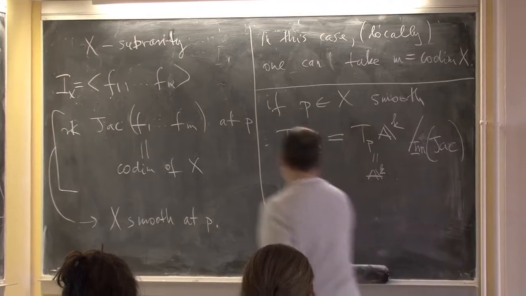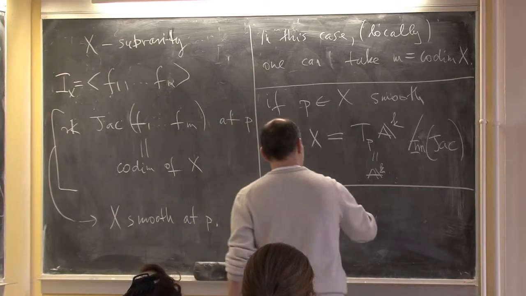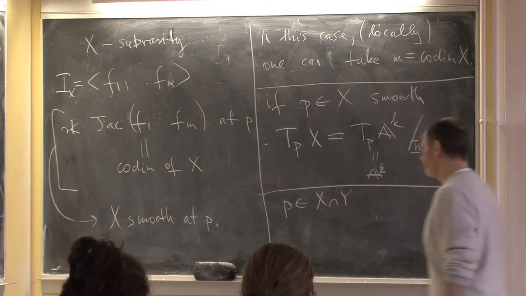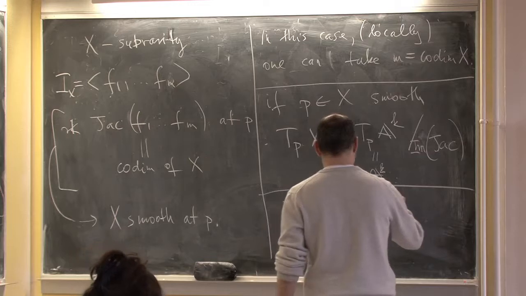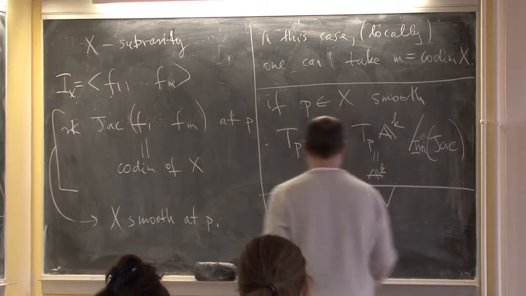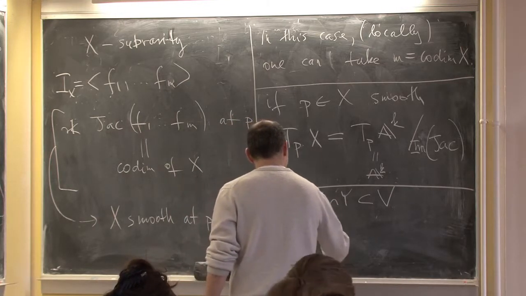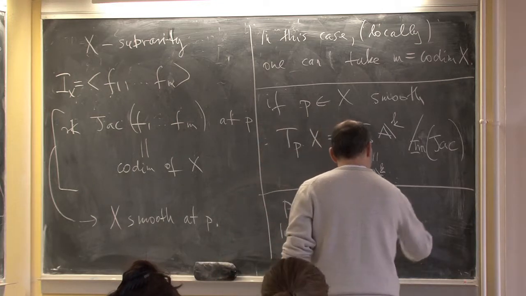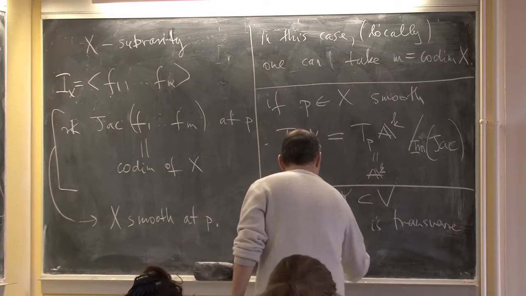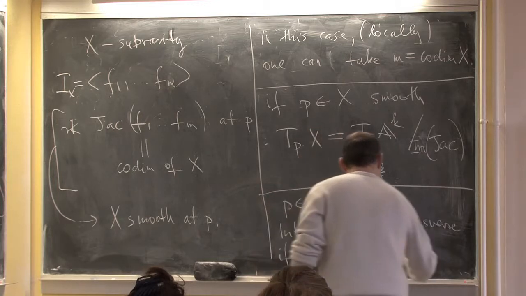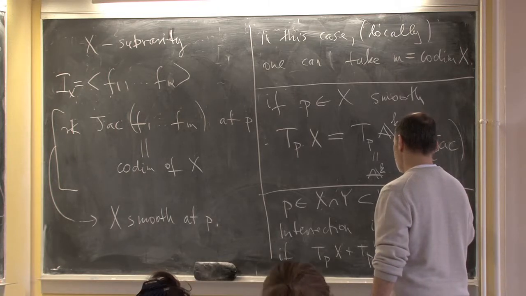Okay, and so finally I defined what transversal intersection is. If you take two varieties and you take a point in the intersection, and suppose you are in an even larger variety V, then the intersection is transverse if T_pX plus T_pY is equal to T_pV. Sorry, that's not quite correct.